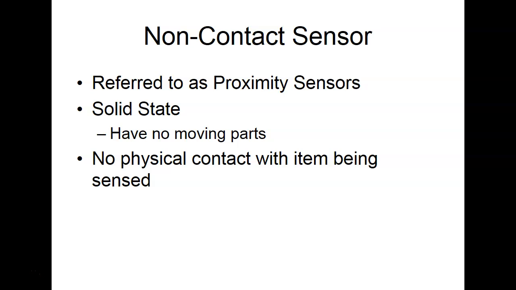Non-contact means we don't have to touch the object to sense it, right? So that's a big advantage. Not getting pitted out, like these little limit switches that are constantly getting whacked on, pushed around, bopped around. The other advantage, of course, is that they're electronic.